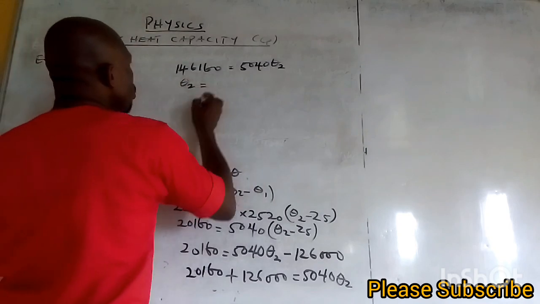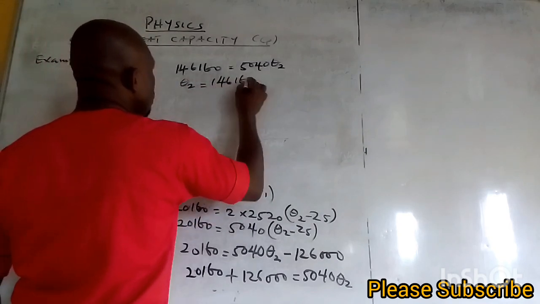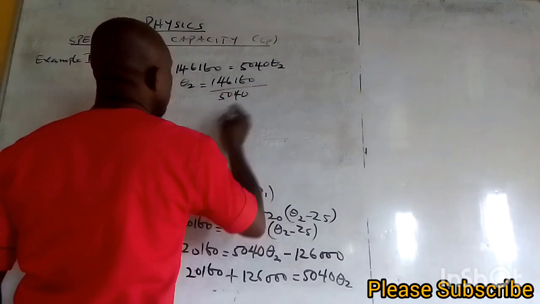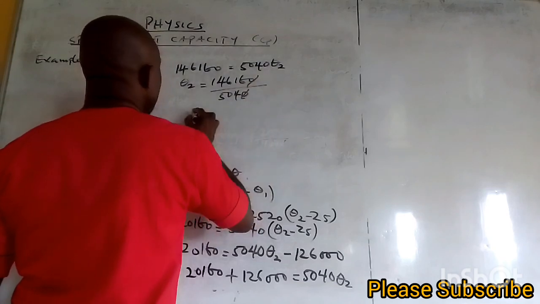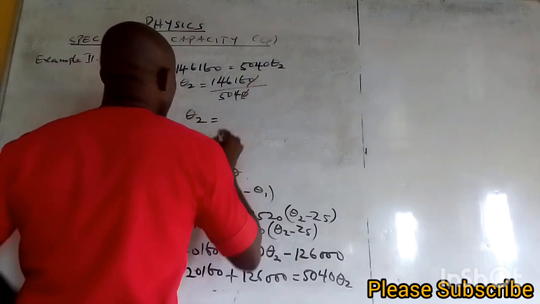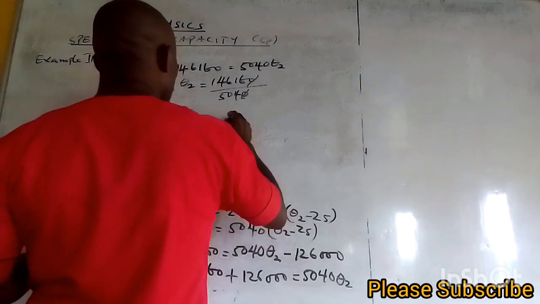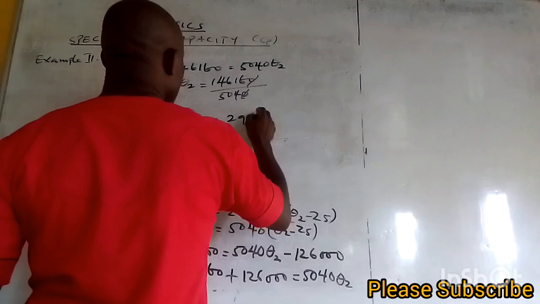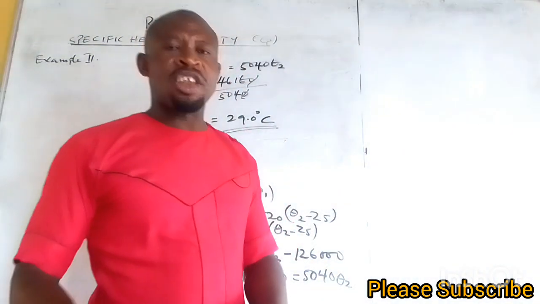Theta 2 will give us 146,160 all over 5040. Now, this one cancels this. Theta 2 will now give us, by calculation, 29.0 degrees Celsius. Okay, this is the end of our class.